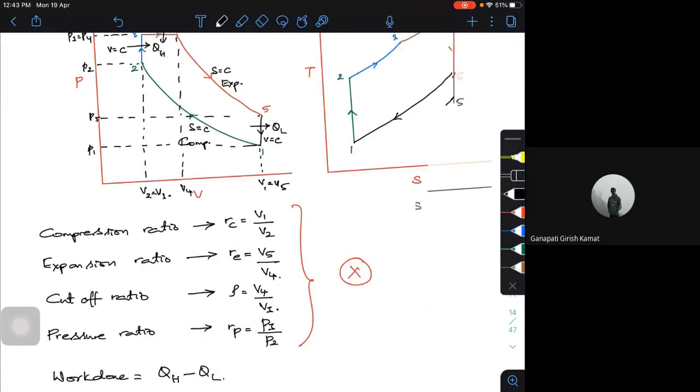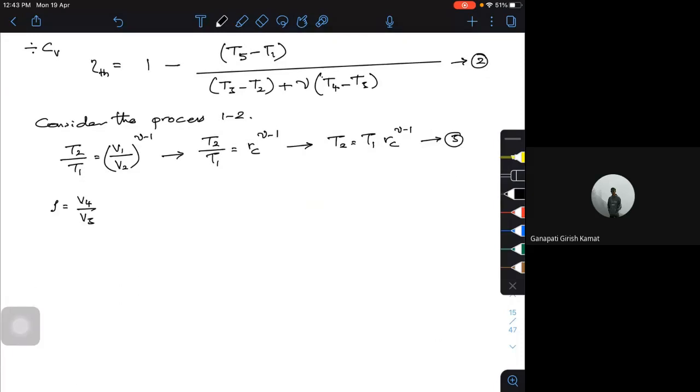So I can write P3 V3 is equal to R T3, or P4 V4 is equal to R T4.